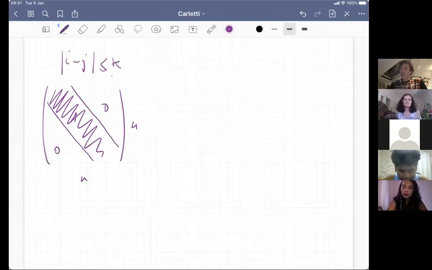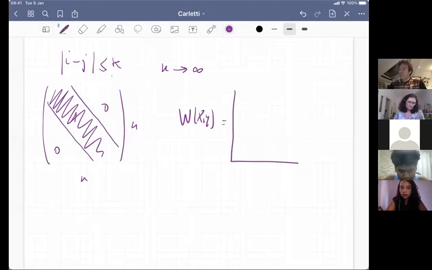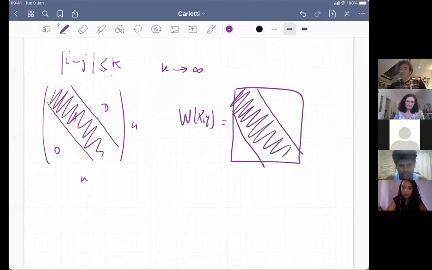Now you can think, let me send n to infinity. You no longer have a matrix, but you can define a function W(x,y), which is a graphon, on [0,1].